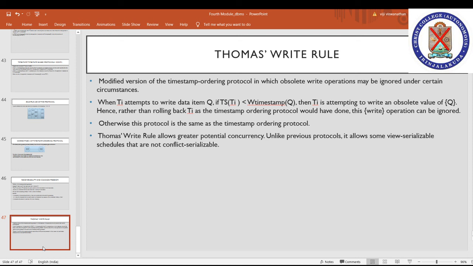As we know, locking protocols may lead to deadlock and starvation. We saw how we can prevent deadlock, what the strategies for prevention are, and how we can detect deadlock. Then next we saw timestamp protocols. What is the Thomas Write Rule?